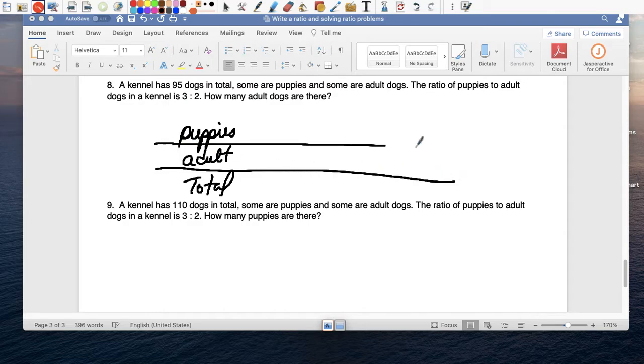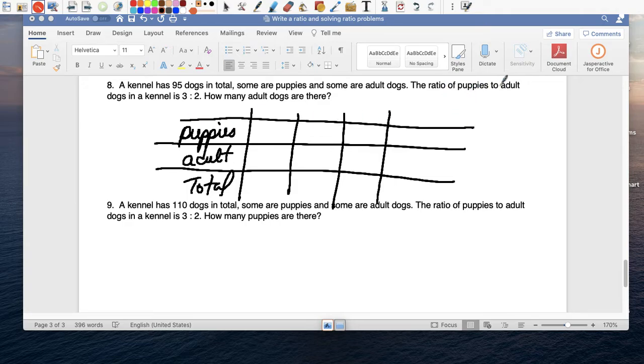Right? Perritos. I don't know. It's cachorritos, is it? I don't know. So the ratio of puppies to adult is 3 to 2. So para cada 3 puppies hay 2 adultos. 3 puppies, 2 adult dogs, and the total here is 5, right? Because that's what we have.